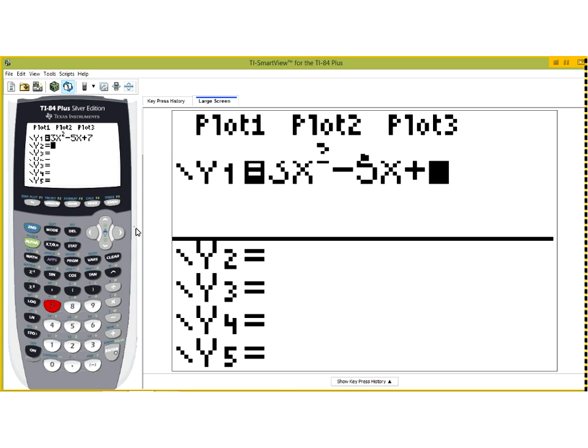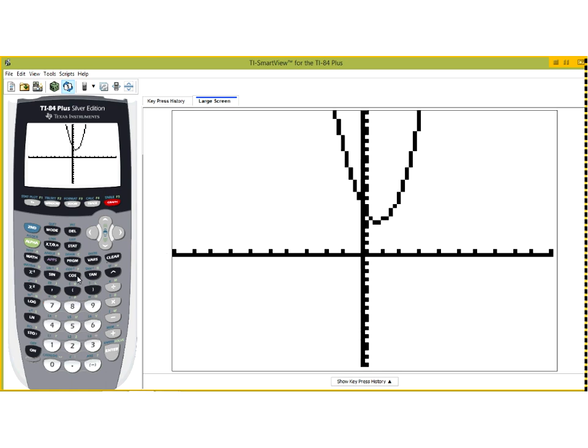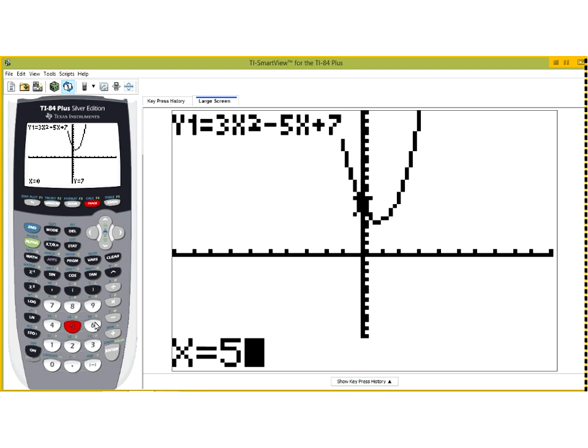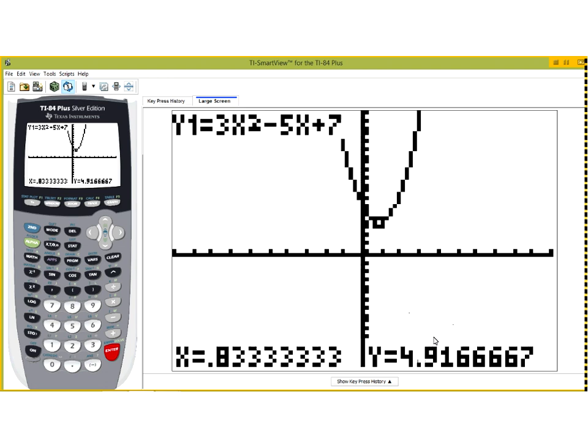Graph that. Okay, there's my vertex. I'm going to type in trace 5/6. And there it is, blinking.